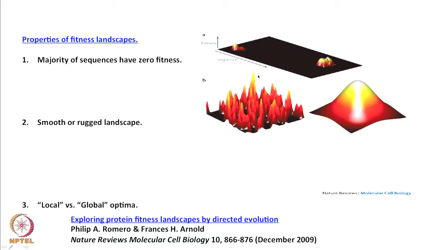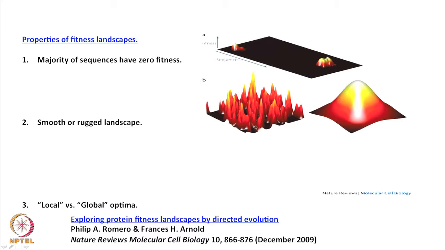This peak here represents the global peak, in the sense that the sequence corresponding to this particular peak has a fitness which is higher than any of the sequences in the sequence space that we see here. But every other peak that we see here corresponds to a local peak.